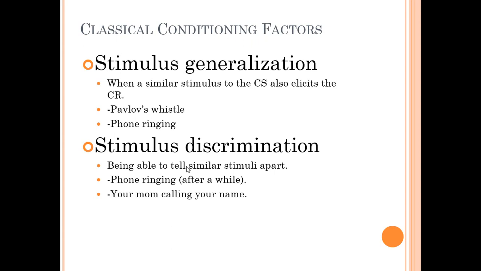For little Albert, that meant that he wasn't just afraid of white rats. He really became afraid of anything that was white and fluffy. So there was a bunny, and he would cry when he saw the bunny. And there was a coat that had a little bit of seal skin and fur on it.